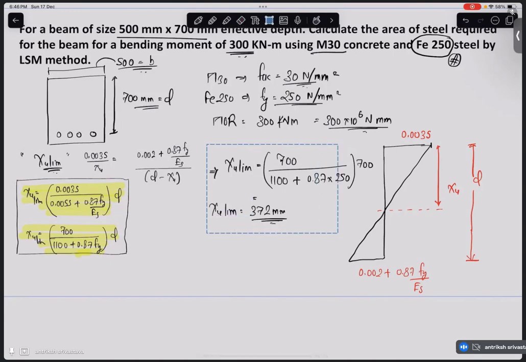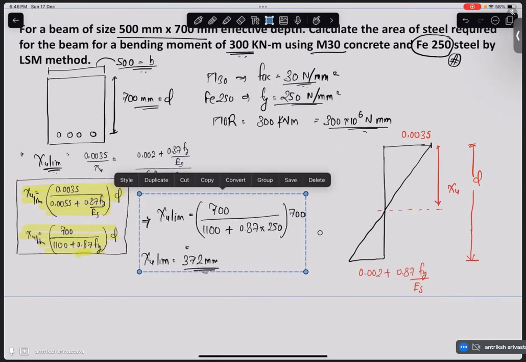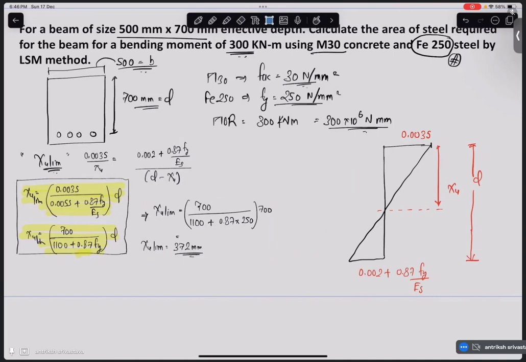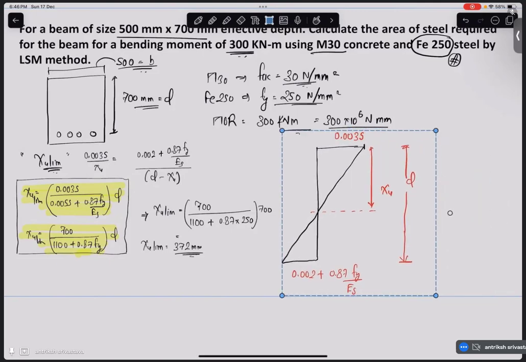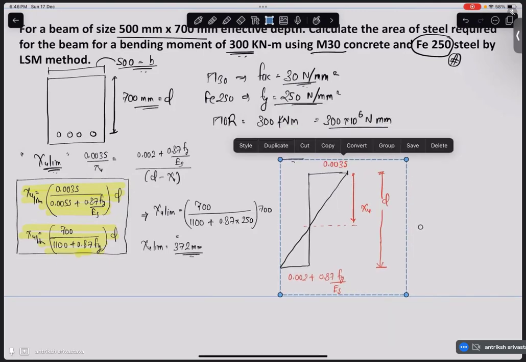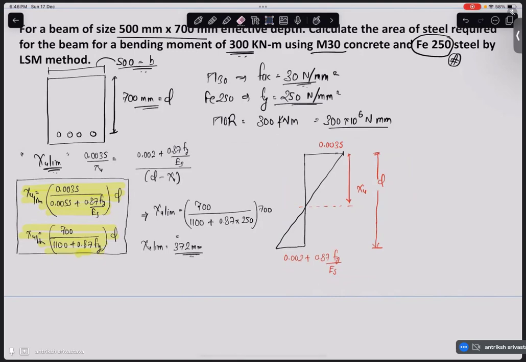Let me make this a little bit smaller because I want to use this strain diagram to explain something. So this is your strain diagram. Let me extrapolate this neutral axis to some distance and draw also our stress diagram.